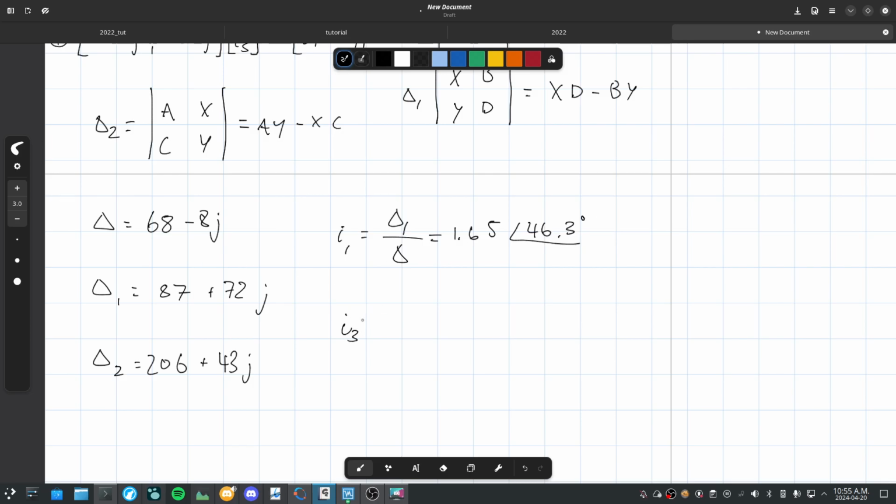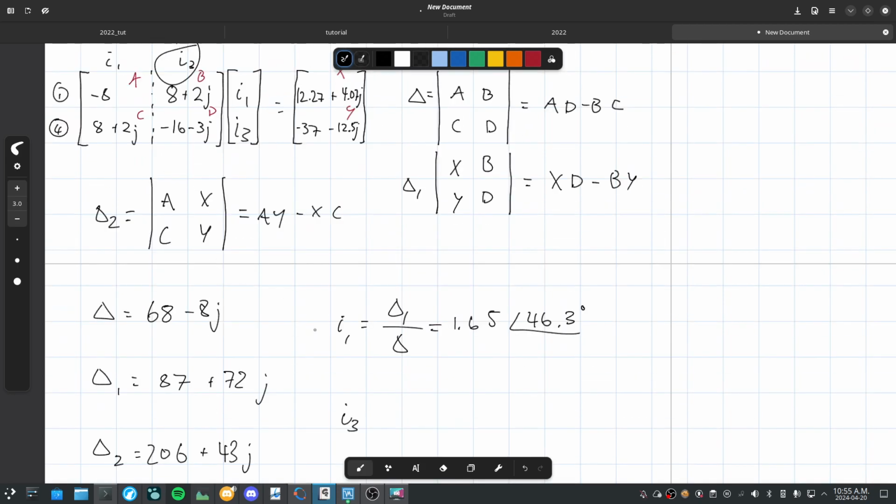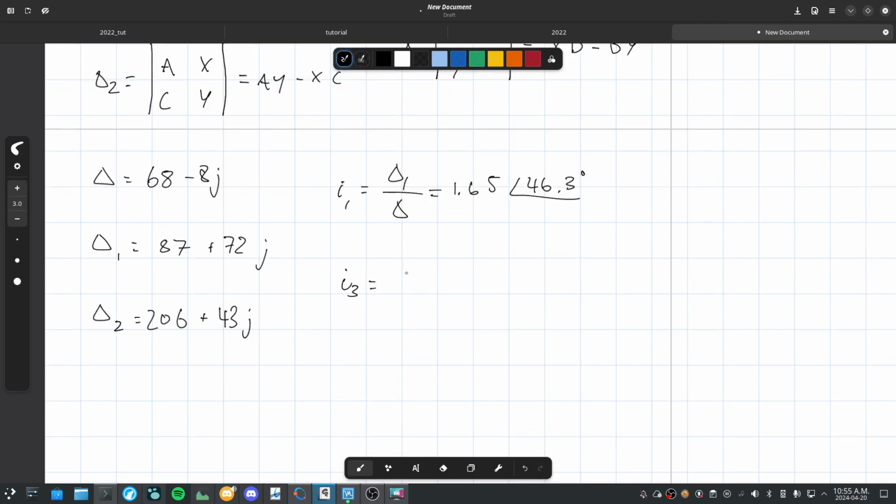Now I3, that is our second column here, is going to be the second determinant over the determinant. So let's put that above. That's 206 plus 43i. And we get 3.07 with a phasor degree of 18.5 degrees.